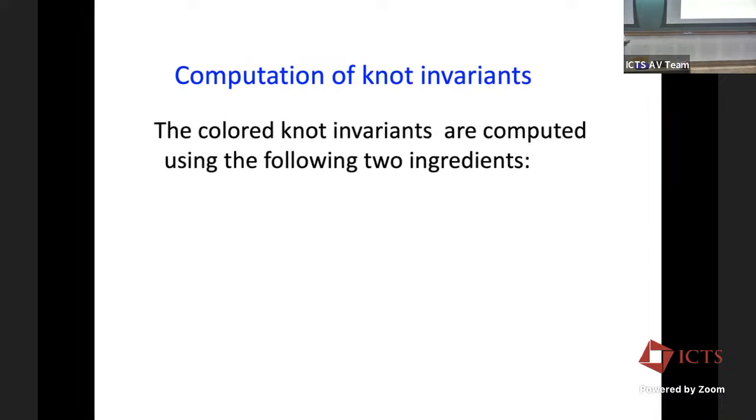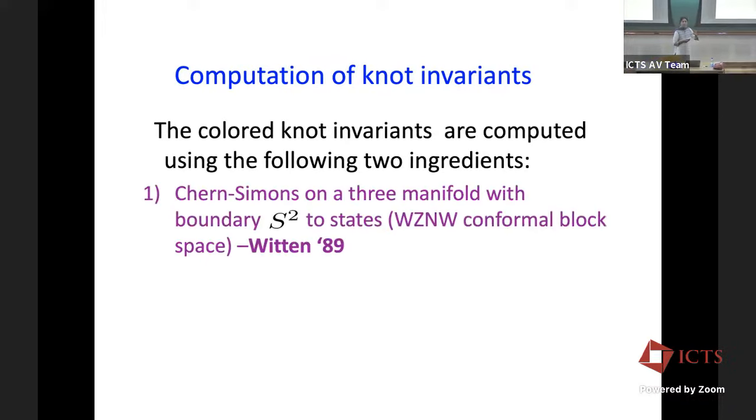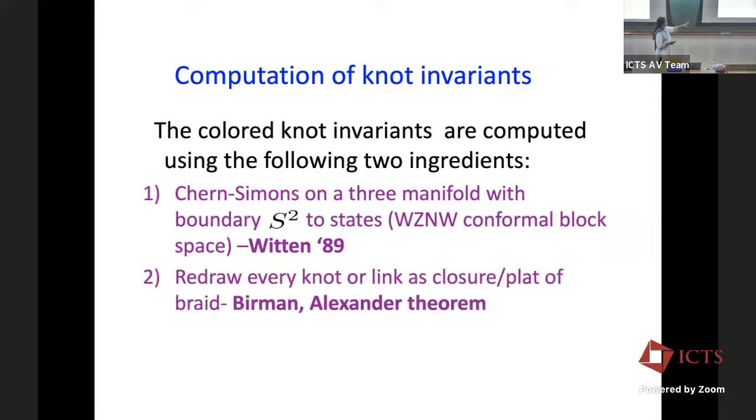So there are two ingredients which go into this computation to see the polynomial form. One is redrawing every knot as a braid or a plait of a braid, which I have explained in the knot theory.